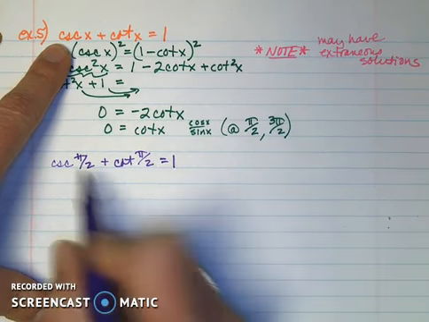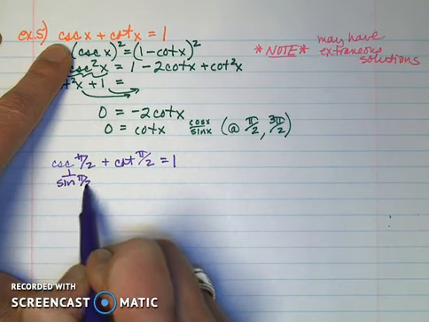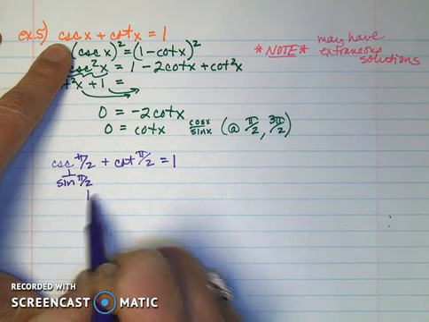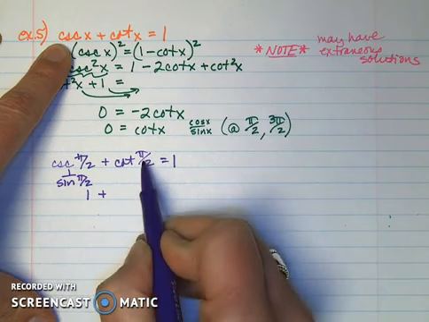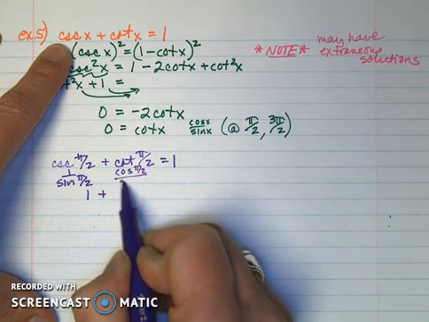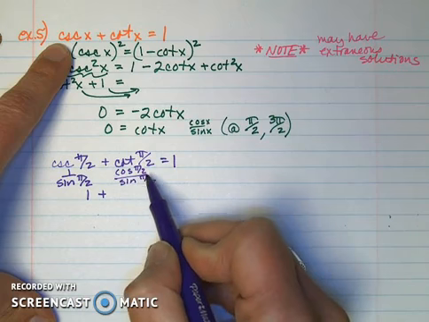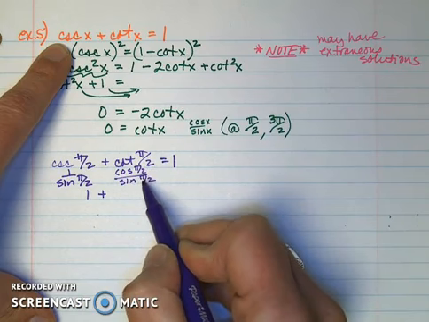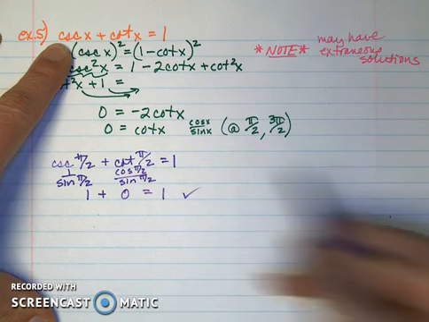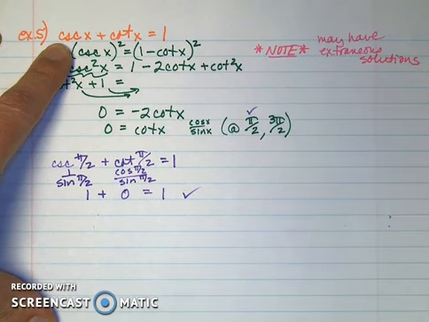Well, that's 1 over sine of pi over 2, which is 1, so 1 over 1 is 1, plus cosine at pi over 2 over sine at pi over 2, which is 0 over 1, which is 0. Does that equal 1? Yes.